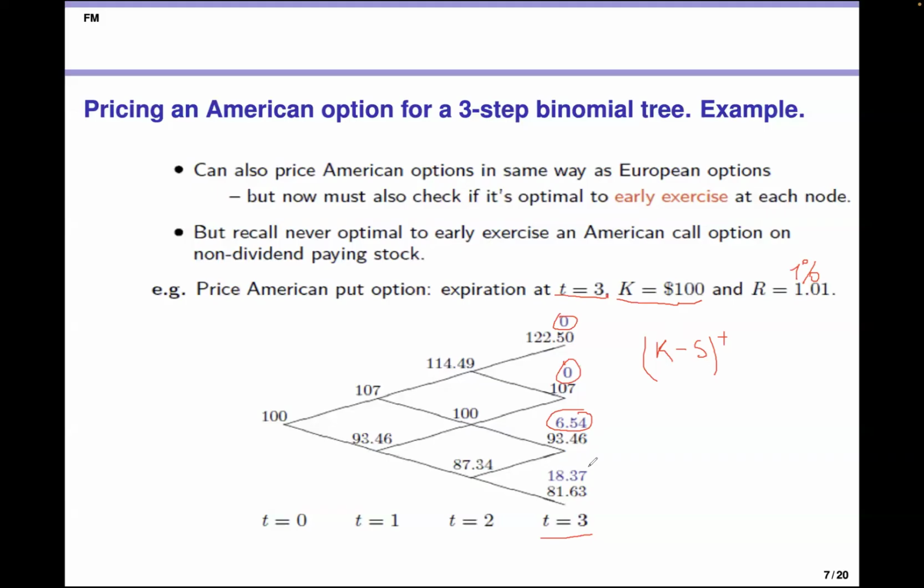And 100 minus 81.63 is 18.37, and we write it. So about the time equals 3, the final time, is everything clear, guys? Okay, thank you.